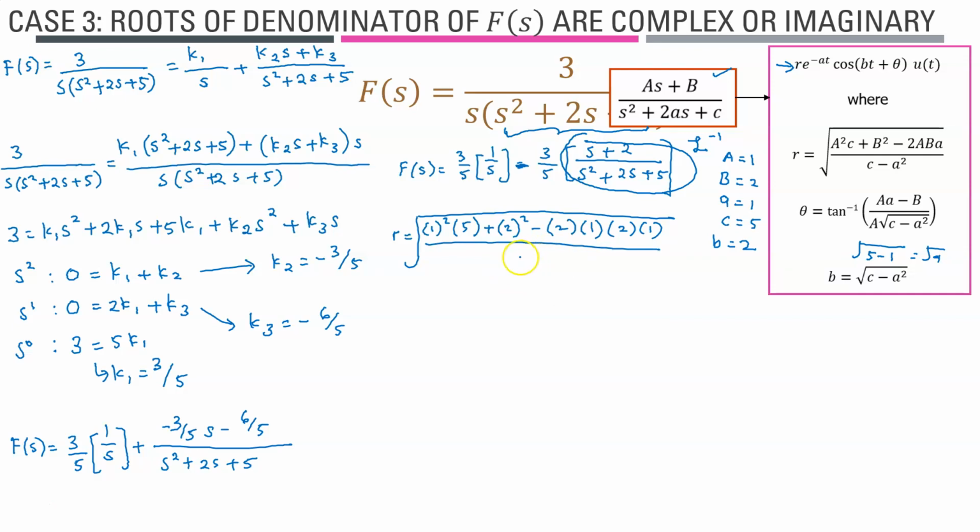So it's 5 minus 1 squared. So you get r equals 1.118.